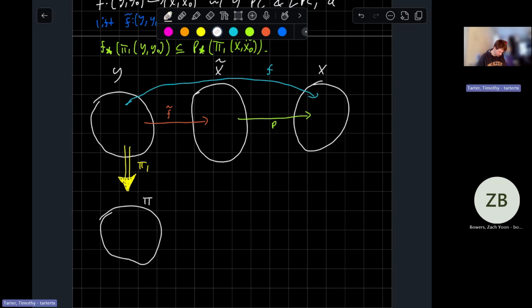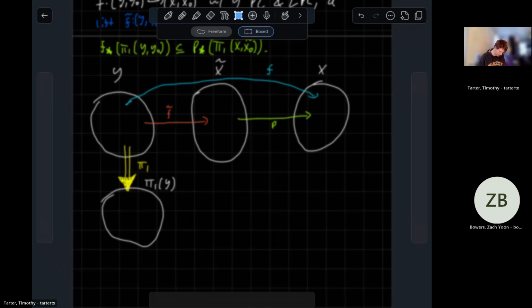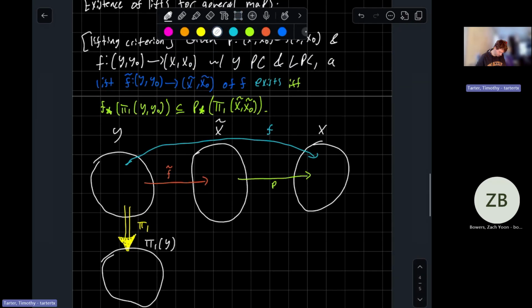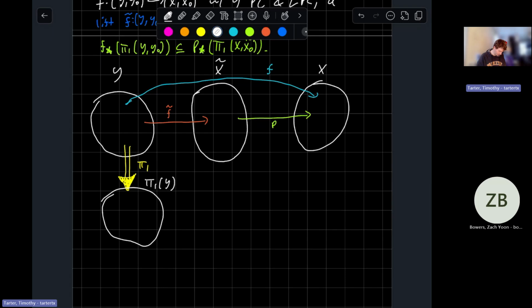Gets mapped over to pi1 of y, this getting mapped over, and then this is the real criteria.